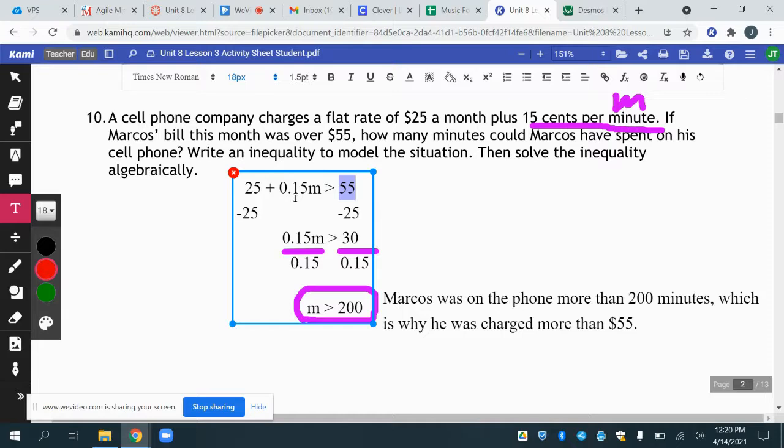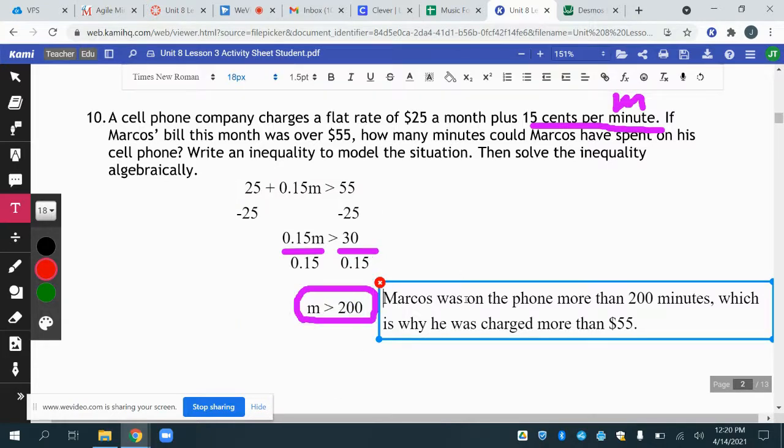And now we can just solve it like an algebra problem. I can take 25 from each side. I can divide both sides by 0.15, and I get 200. So this is the number of minutes he talks on the phone. So he gets charged more than $55 means that he talked more than 200 minutes on the phone.